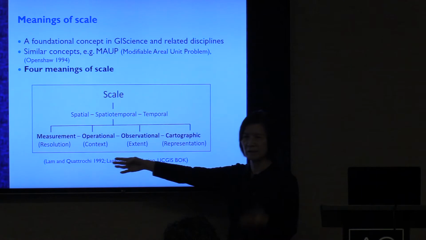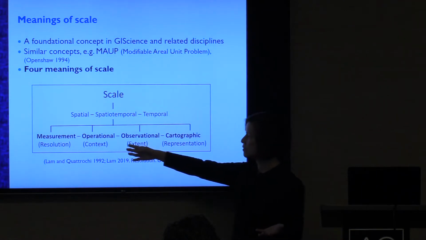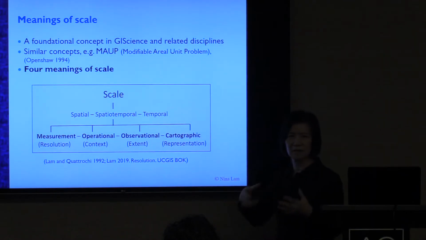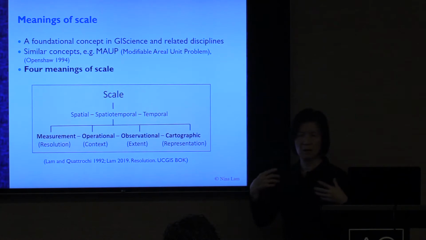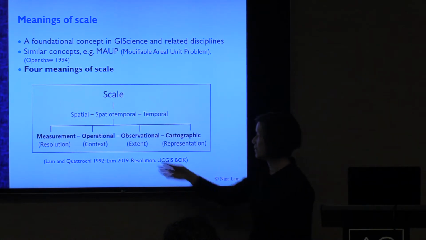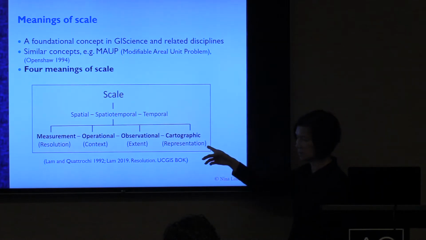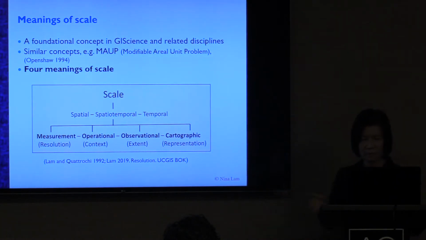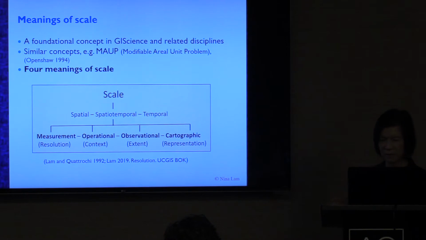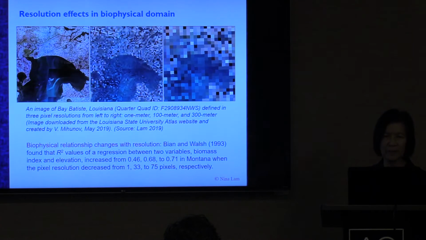Measurement scale, meaning the resolutions. Operational scale, which is like context, process, or neighborhood scale. And then the geographical extent, observational scale, and then cartographic scale. So we tried to summarize the meanings at that time.